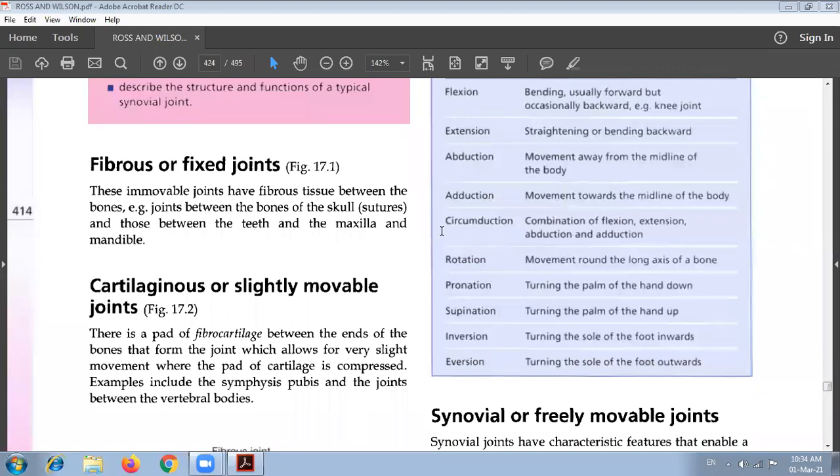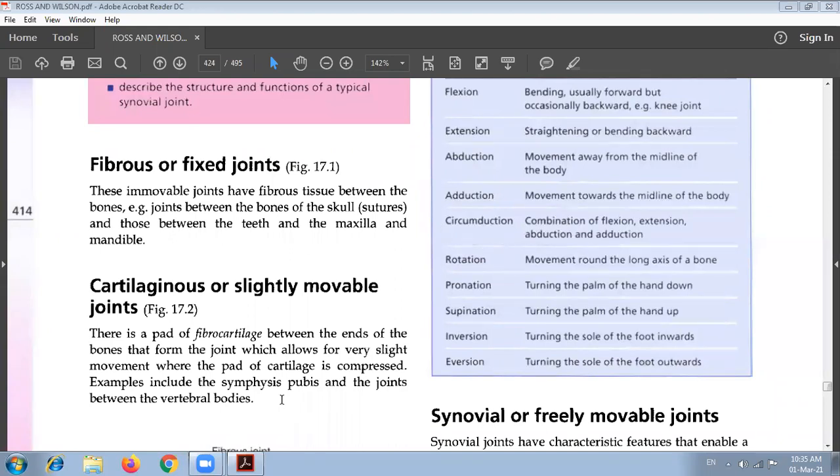These joints have a specific type of cartilage which keeps the two bones together. Examples are the symphysis pubis and the joints between the vertebrae of the vertebral column, where the vertebrae of different regions have these fibrocartilage joints.